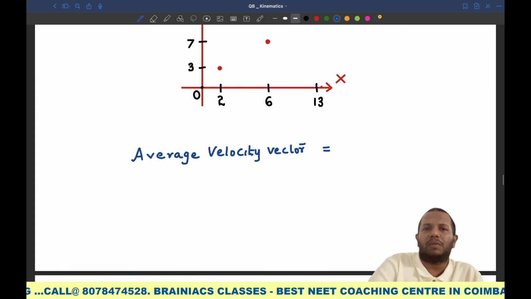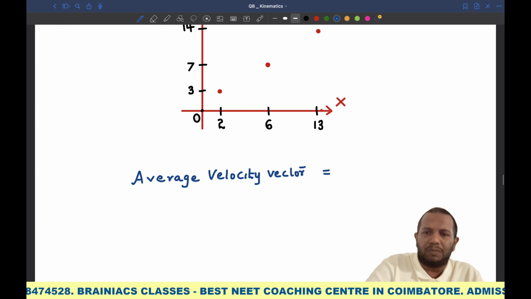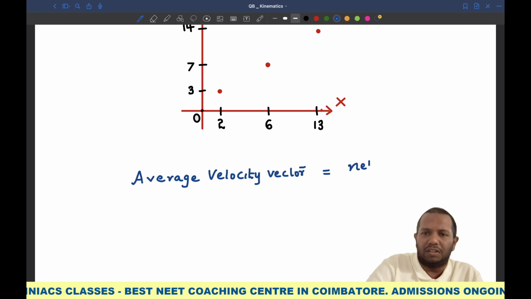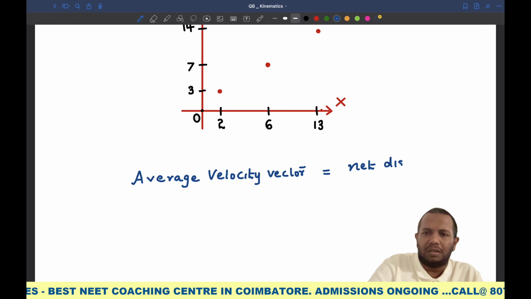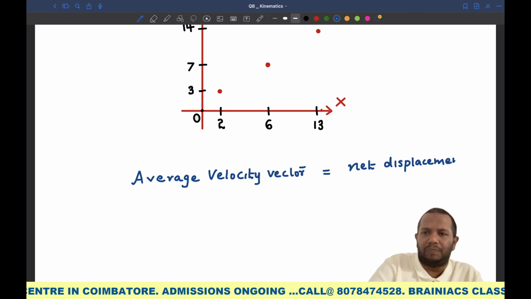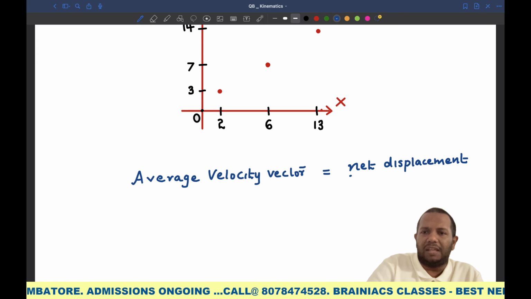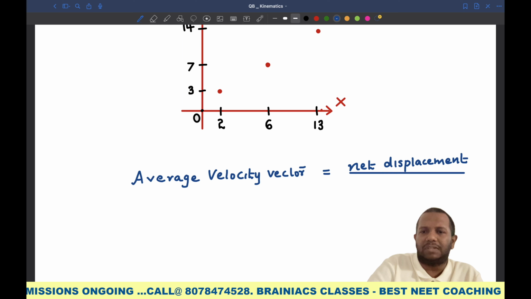What is the formula? Are you remembering it? The net displacement, we know that displacement is a vector quantity, divided by time taken.